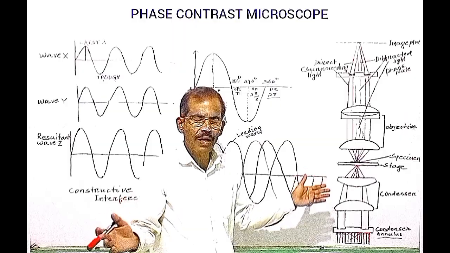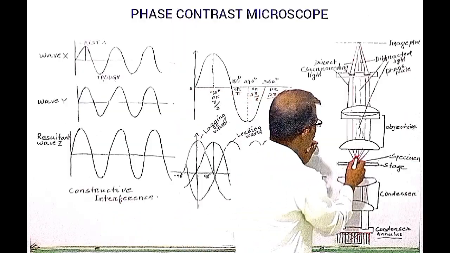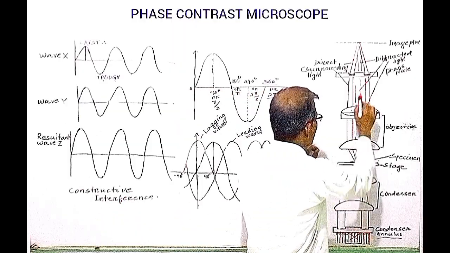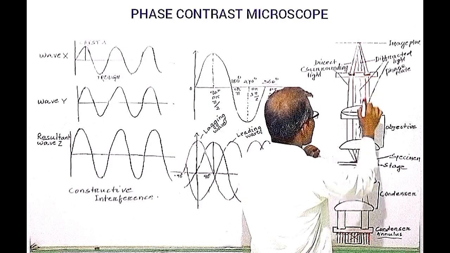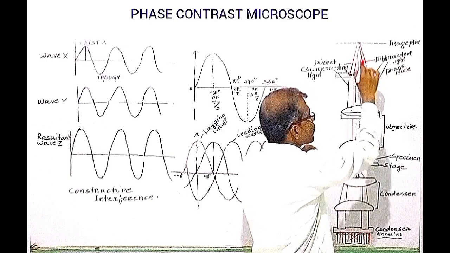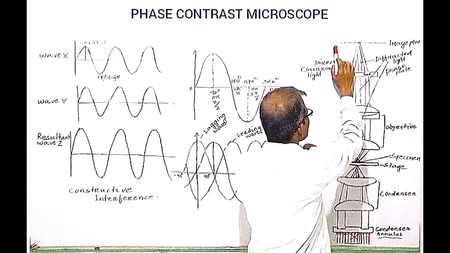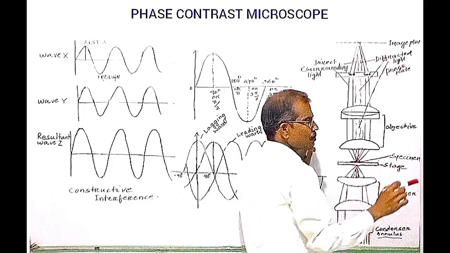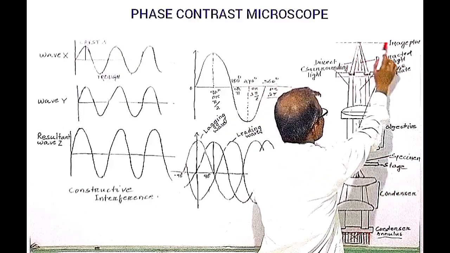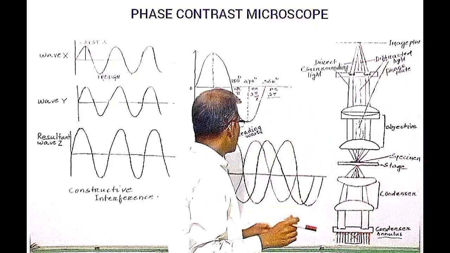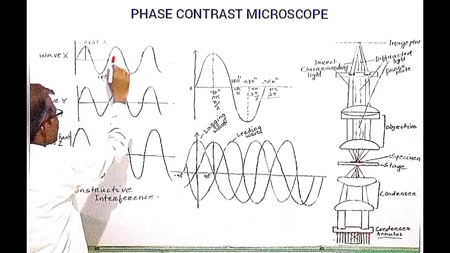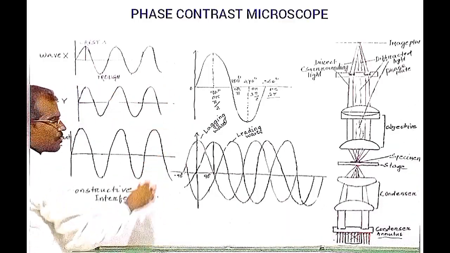Again, to inform you, when both the diffracted light and the direct light have undergone negative phase shift, constructive interference takes place between them at the image plane. In this case, the waves are in the same phase.